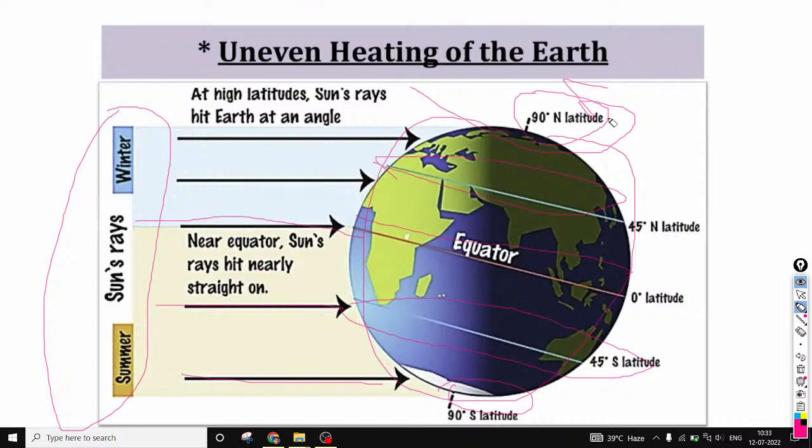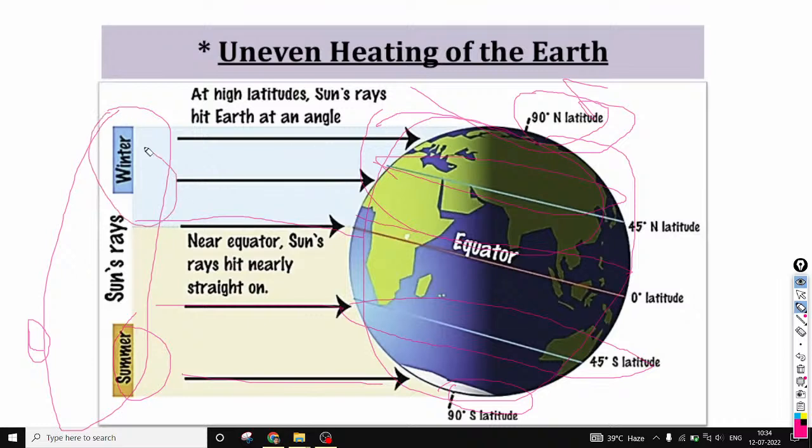In the summer season mostly the sunlight will be arriving more in this area, and this other area will become cooler.